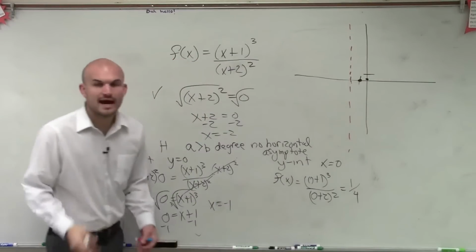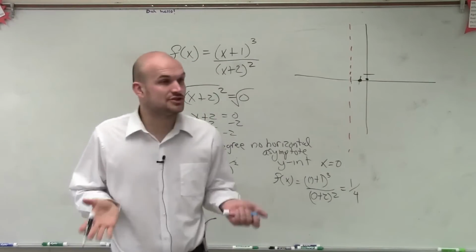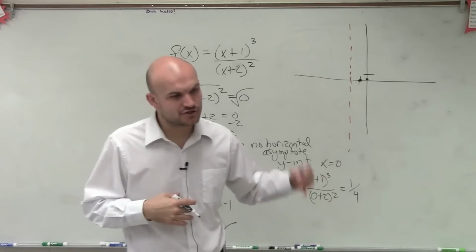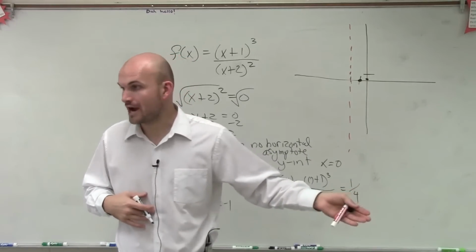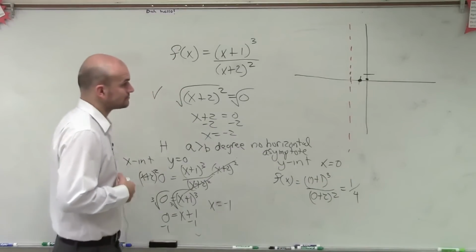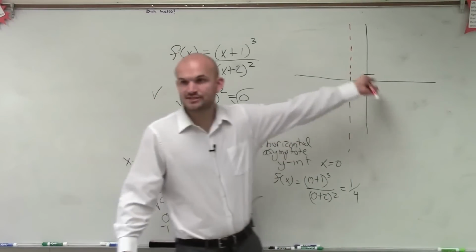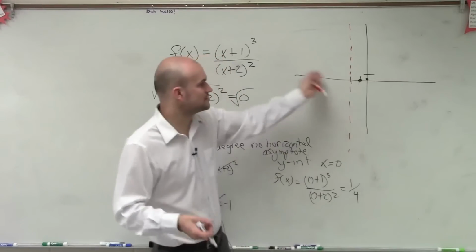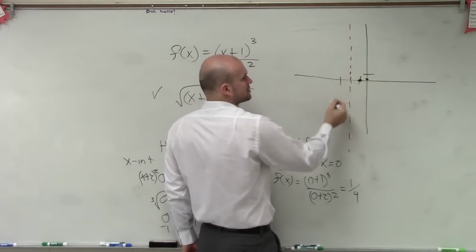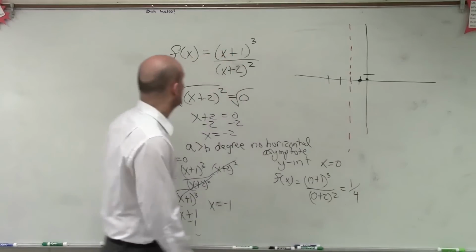Now, ladies and gentlemen, all I asked you to do was find 2 points to the left and then 2 points to the right of your graph. That's all I asked you guys to do. I've already found 2 points to the right, so that's good. So let's just find 2 points to the left. We can't evaluate for -2, so let's do -3 and -4.